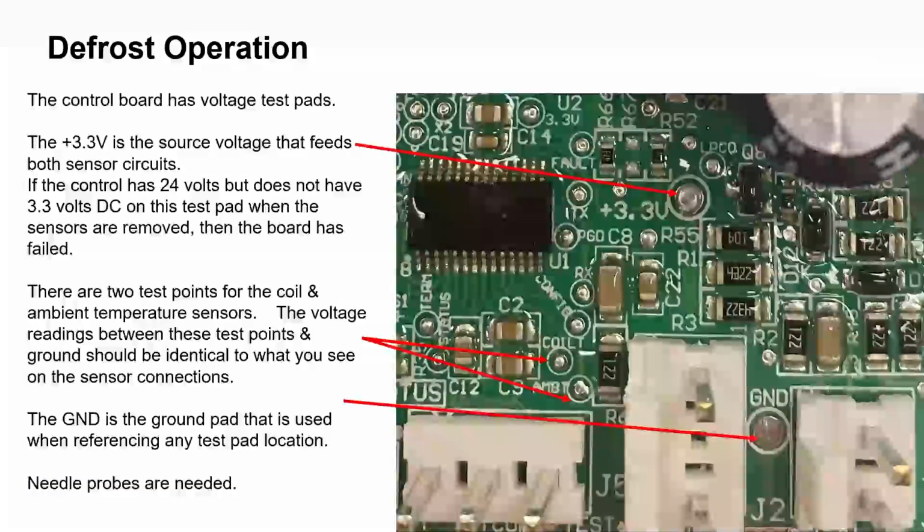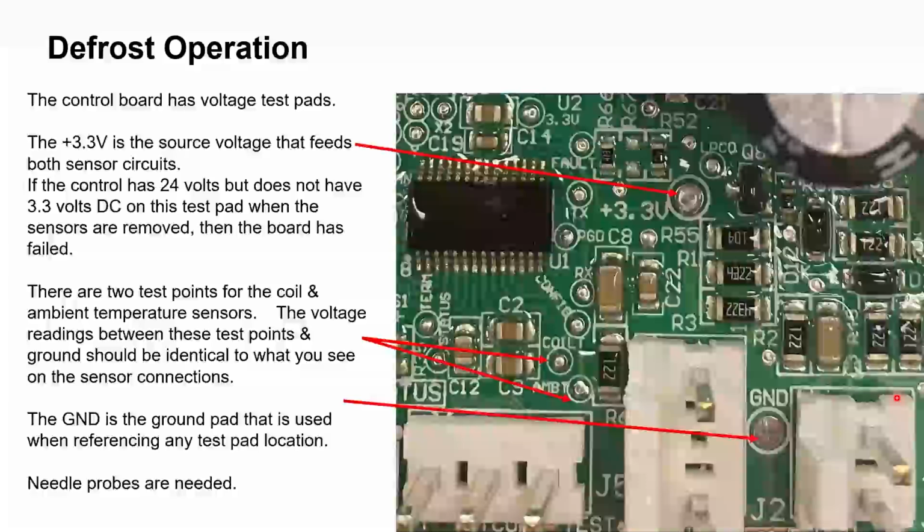Talking about the temp sensors, the source voltage for the temp sensors is 3.3 volts. On some of the older units, the pre-2016 boards, it was 5 volts.